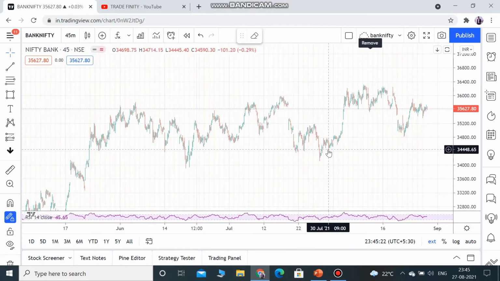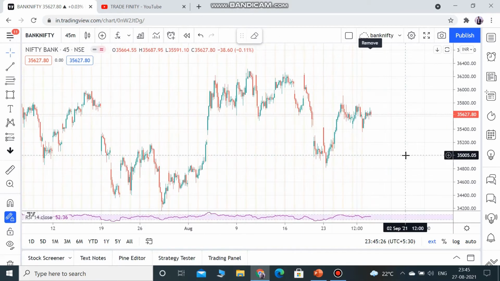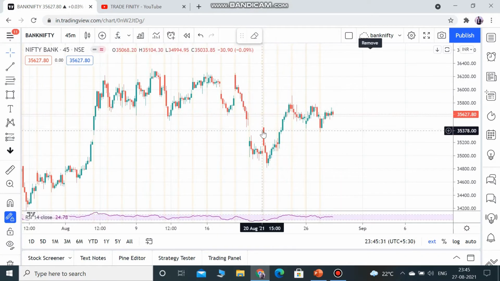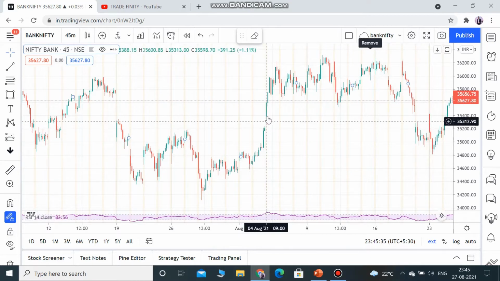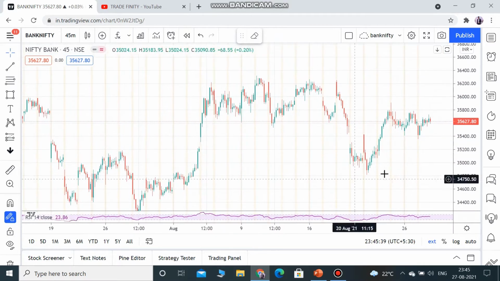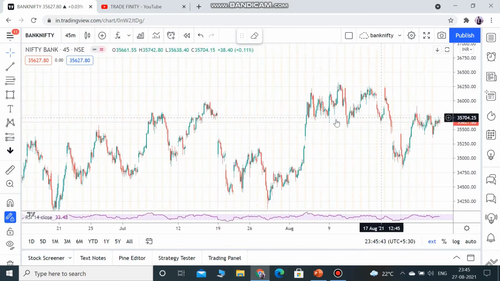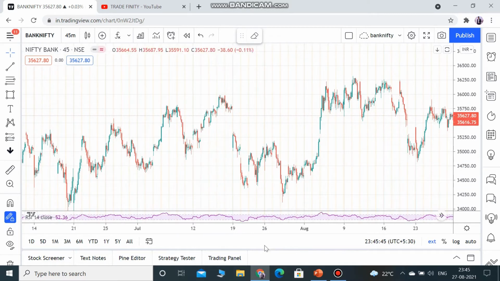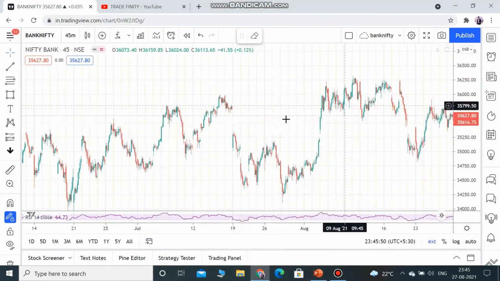These are the main areas which are going to give the major movements. You see there's a major fall like this or like this, or a major move on the upside, and then when it comes back there's a major move back. These are the zones I'll be marking on the higher time frame.